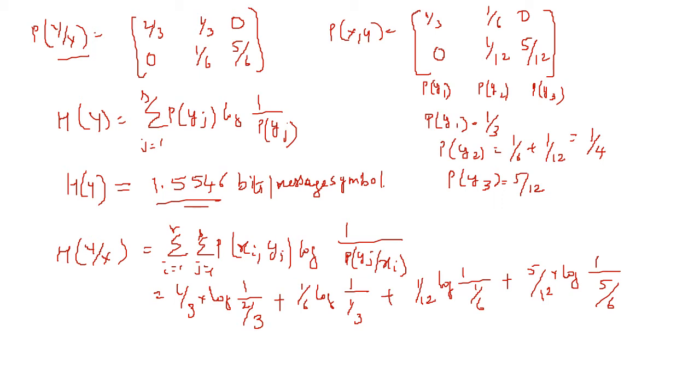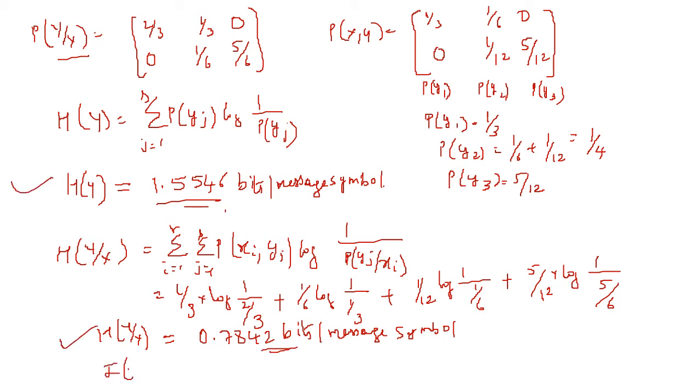After substitution, you get H of y by x equal to 0.7842 bits per message symbol.